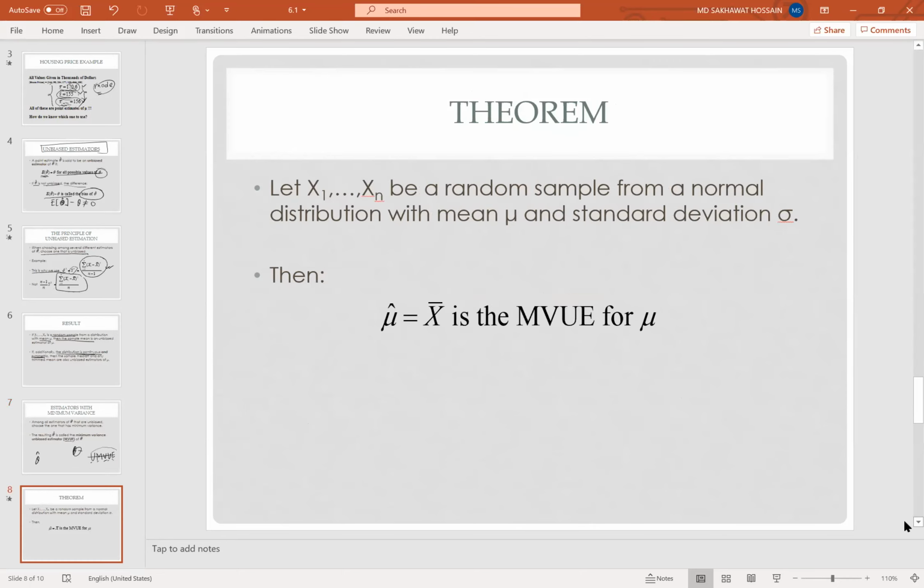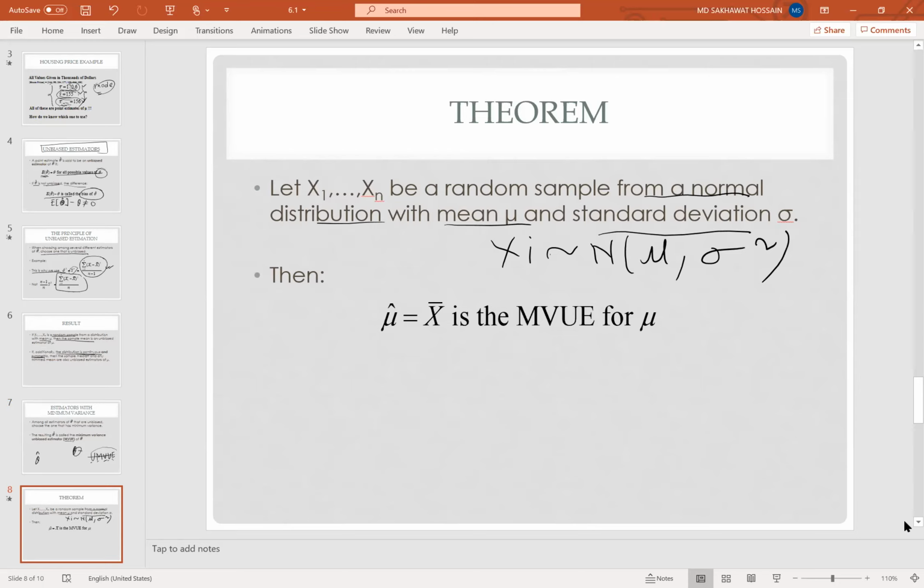So now we have a theorem here. Let x1, x2, up to xn be a random sample, that means they are independent and identically distributed, from a normal distribution with mean mu and variance sigma square.